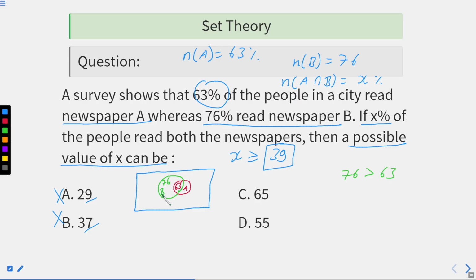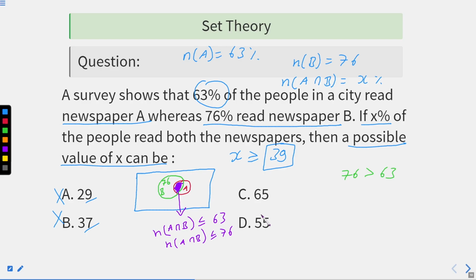Now we have to find the possible values of X, where X is the number of people who read both. So the common part, the people who read both, must be less than or equal to 63 as well as 76.